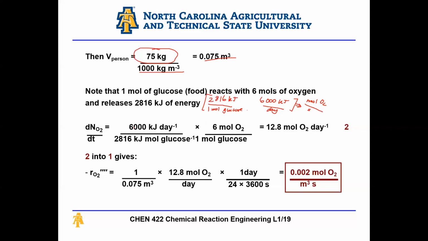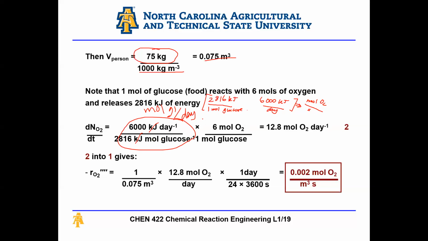And this is what's shown on this slide. So I have 6,000 kilojoules per day divided by 2816 kilojoules per mole of glucose. So these two cancel, and this number here will give you moles of glucose per day.